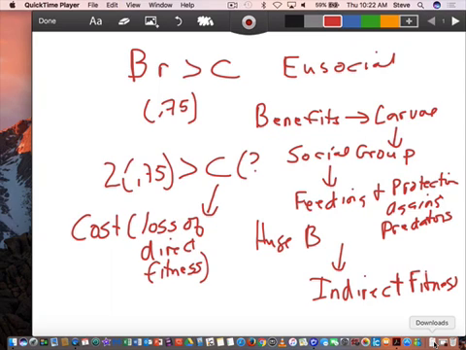So this cost in most eusocial organisms is extremely low. This is a little hard to understand, but it's extremely low because your loss of direct fitness is not very high, since you have a really low probability of being able to go off on your own, produce larvae that can survive and deal with predation and all these sorts of things. So it's not a very good strategy to go off on your own.